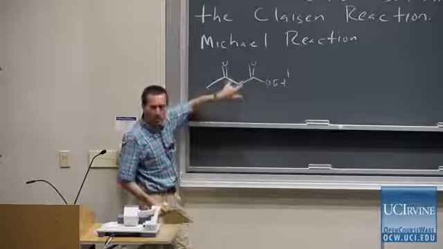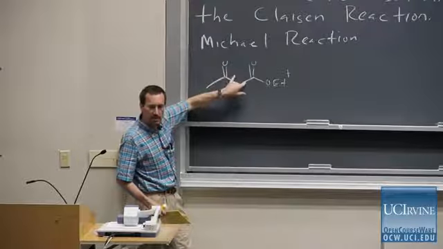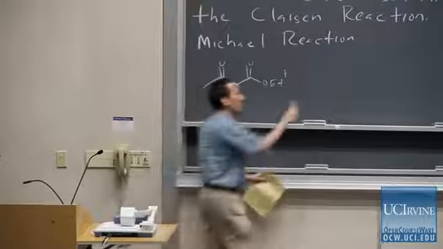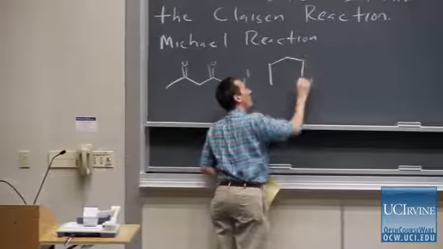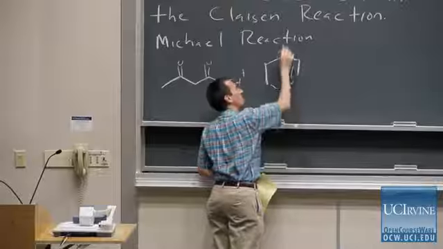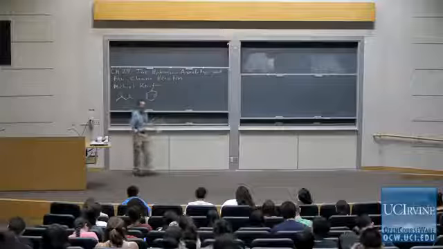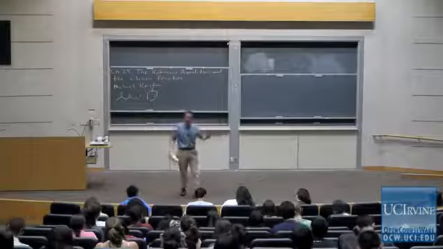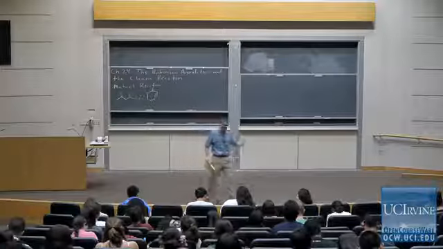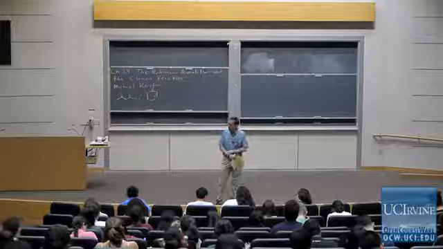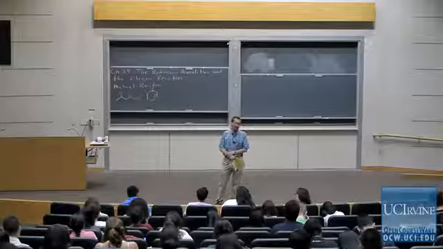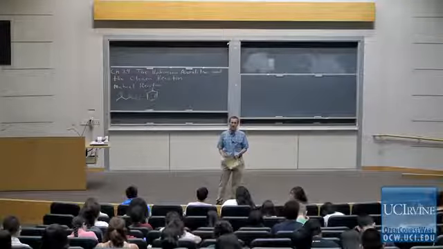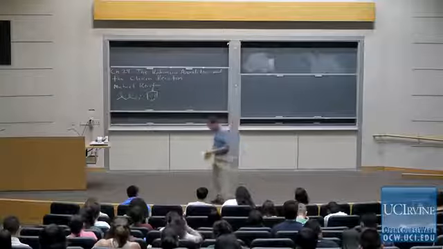So in a Michael addition, we generate an enolate or a nucleophile of some sort, and we have an alpha-beta unsaturated carbonyl compound, very broadly defined: an alpha-beta unsaturated ketone, alpha-beta unsaturated ester, even other things in the broad carboxylic acid family like an alpha-beta unsaturated nitrile.